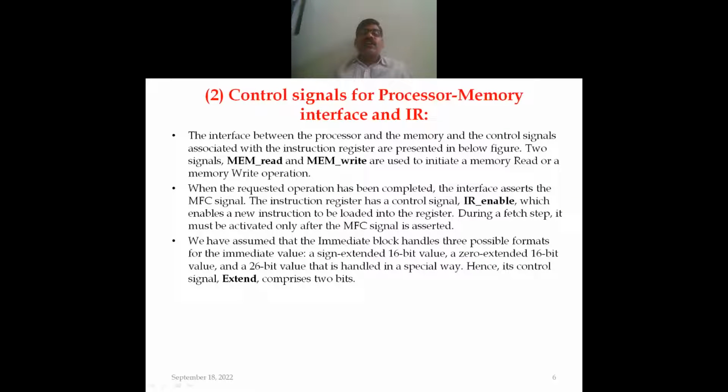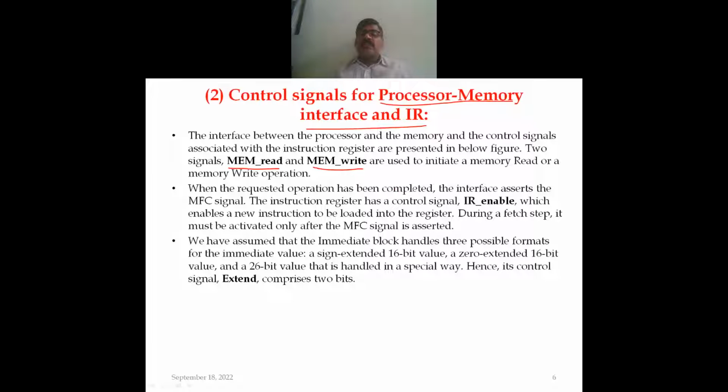Okay, then the second category of control signals are required when we are making use of the processor memory interface and the IR, the instruction register. The interface between the processor and the memory and the control signals associated with the instruction register are presented in the below diagram. Two signals related to memory, Mem_read and Mem_write, are used to initiate memory read and memory write operations.